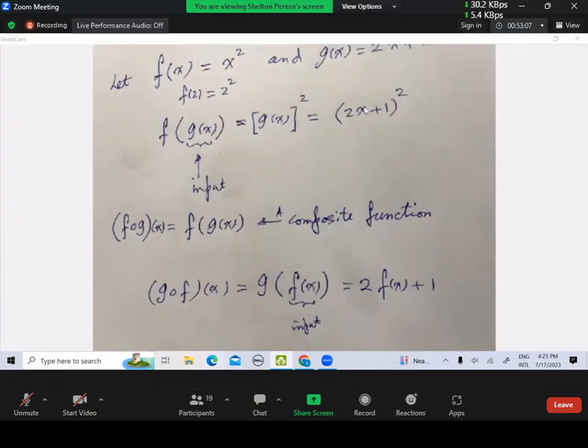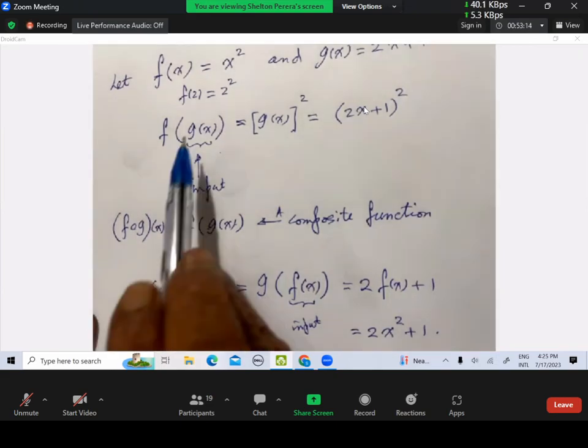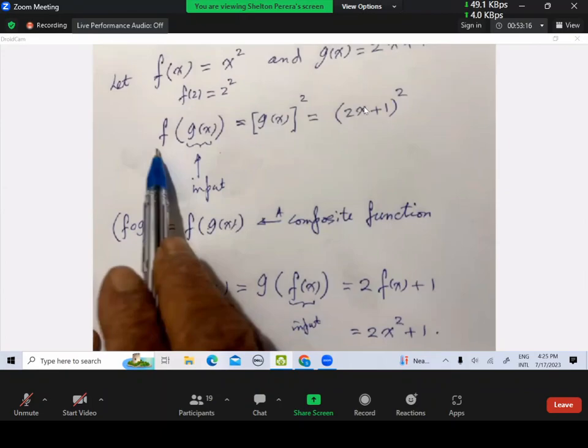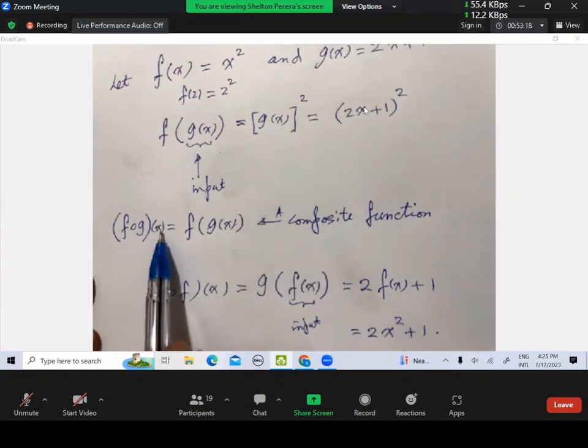This one is 2x plus 1 squared. That is how you find the composition of two functions.